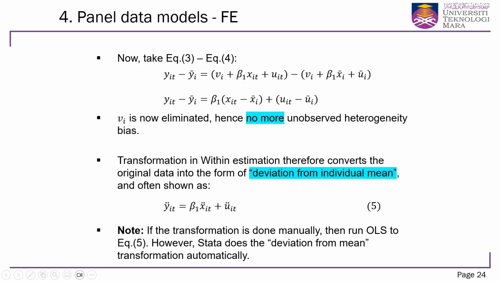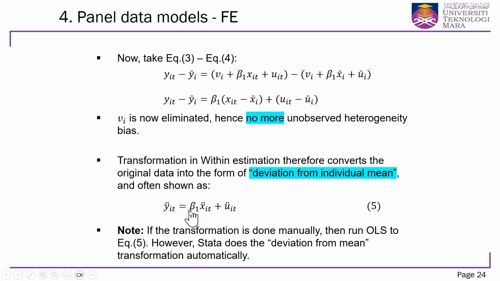So what within estimation does afterwards is converting the original data into time demeaned data, or deviation from individual mean data, by taking the original equation, equation 3, minus the average equation, equation 4 just now. So when we take the original observation of y minus the average of y, then we get what we call the deviation from individual mean data. We often show the notation for the deviation from individual mean model as y double dot.